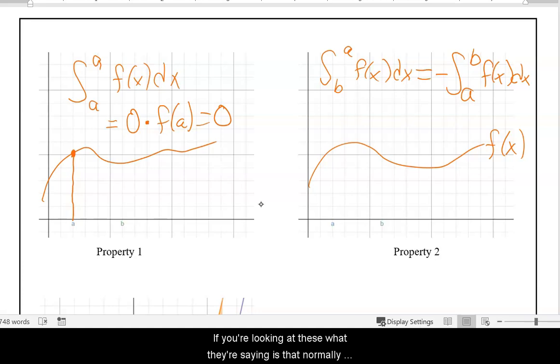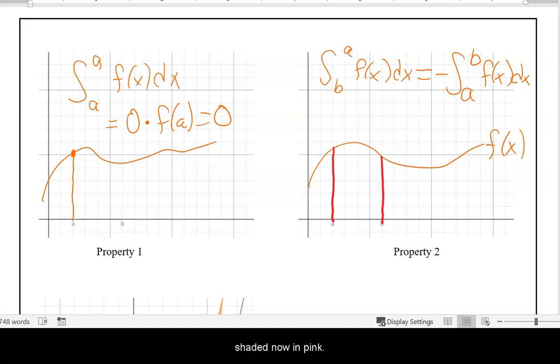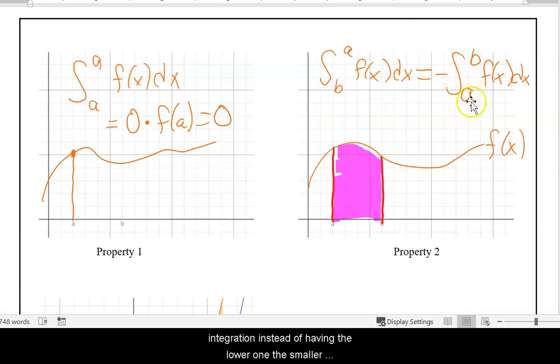If you're looking at these, what they're saying is that normally if a is smaller than b, then the area under the curve would of course be this area here, shaded now in pink. What happens when you reverse the limits of integration? Instead of having the smaller value at the lower limit of integration, what if you put it above?